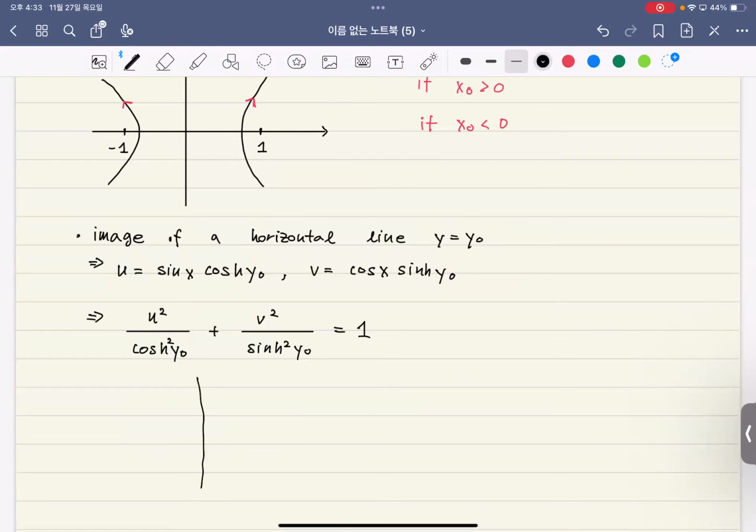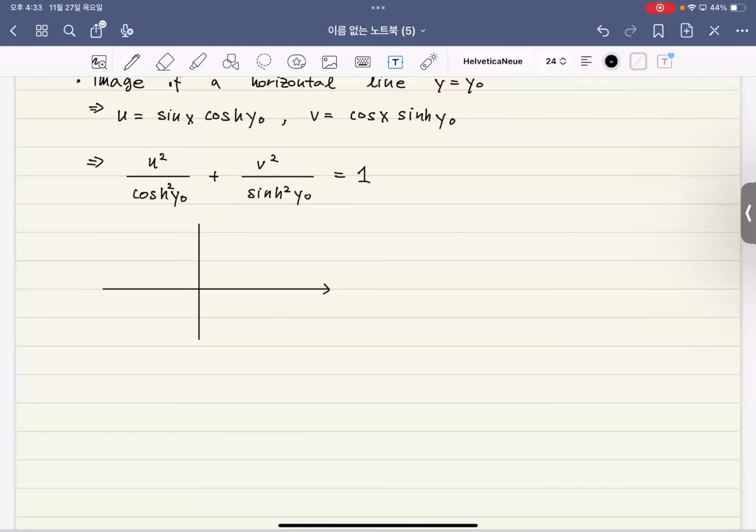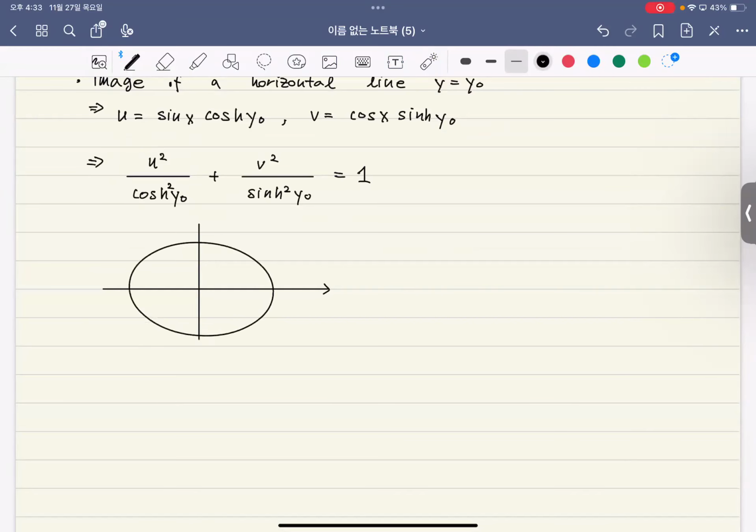Yeah. The first one was a hyperbola, and since the sign of this term is positive, the image of this one should be an ellipse. What is the focus of this one? Hyperbolic cosine is always greater than hyperbolic sine, so this squared minus that squared is 1.